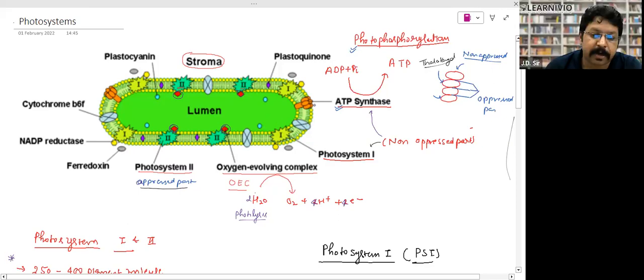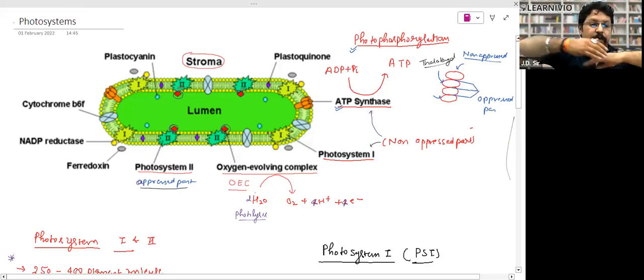Great. Now come to this part, the non-appressed part. The non-appressed part remains in contact with the stroma, the gel, right? Because the appressed part is in contact like this, one thylakoid and another thylakoid, so both are in contact. This surface which is in contact with that surface is called the appressed part. The appressed part is not in contact with the stroma.